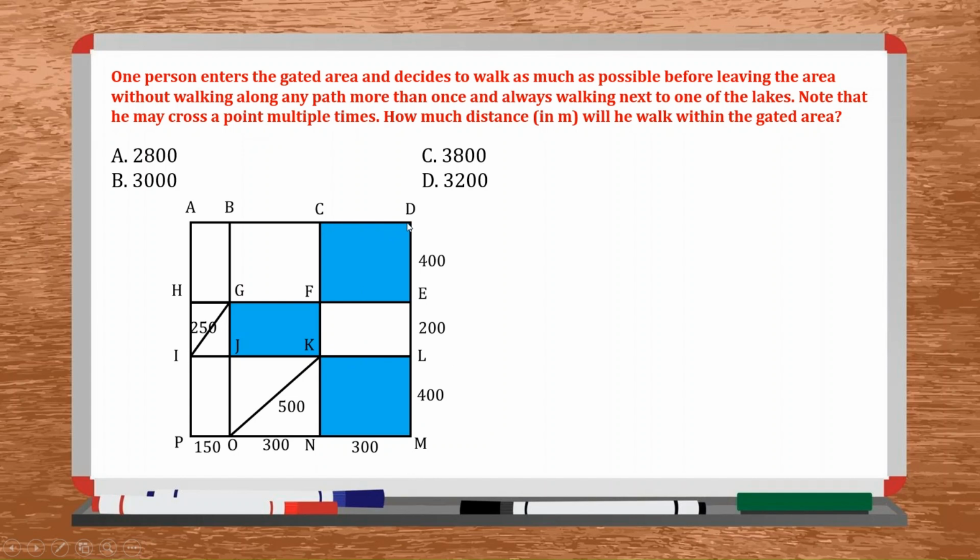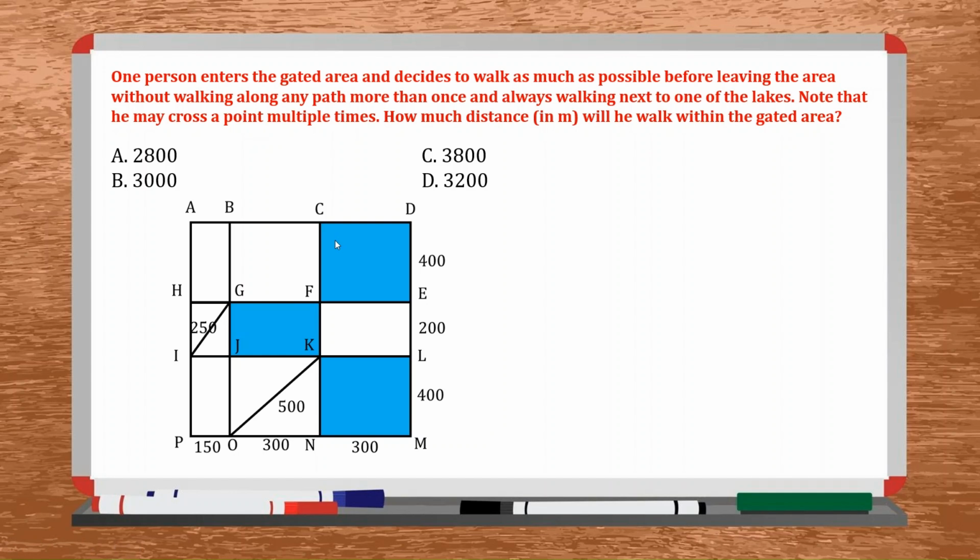So I'll go from C to D, D to E, then E to F, F to G, G to J, J to K, K to L, L to M, M to N, and then from N back to C. So if I take this inverted S path, and then straight from N back to C, I am covering all the points, all the lengths, all the walkways, and I'm not covering more than once.